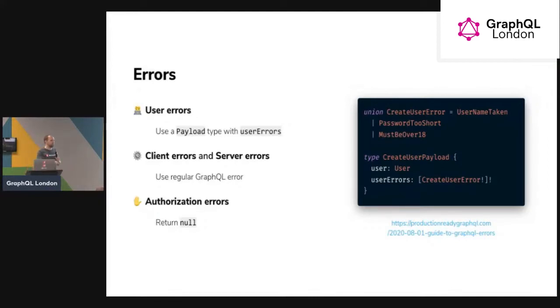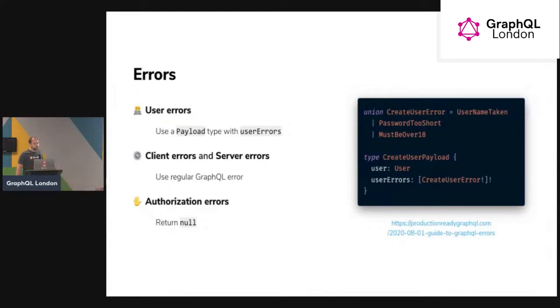That's basically up to the implementer of the client to fix. So just throw an error, which becomes a regular GraphQL error. And the same thing goes for a server. So say your server is unable to connect to your database, then that's something that you can't really design for. Just throw an error.